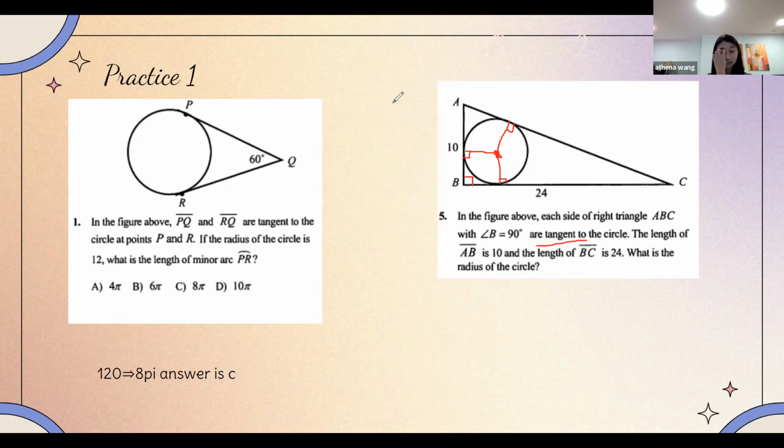Okay, the formula was that this side length plus this side is equal to this side length. But I was going to go into how we know that. You split it into two triangles. We know that this side is equal to this side, and we also know that this length is shared.